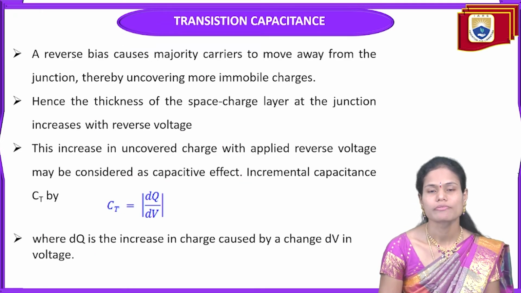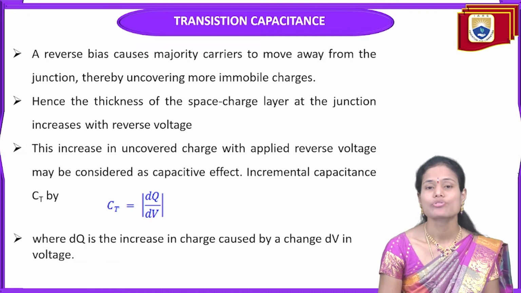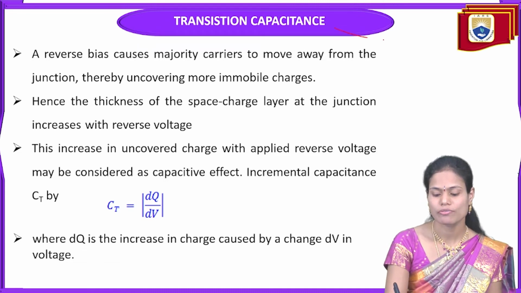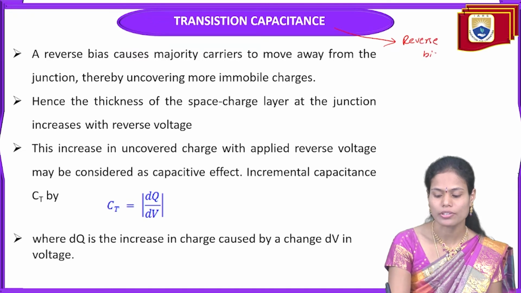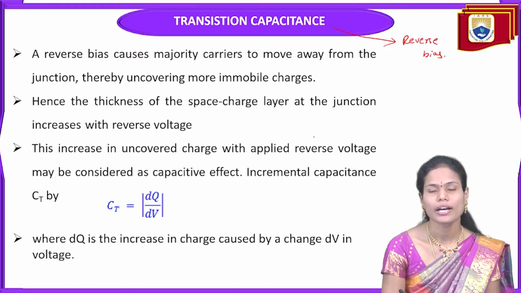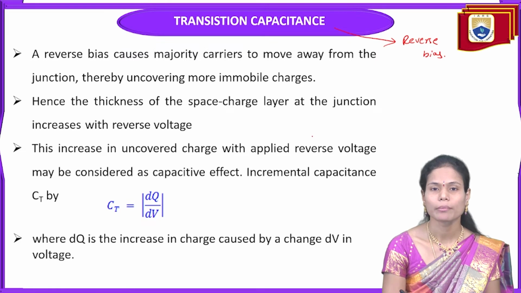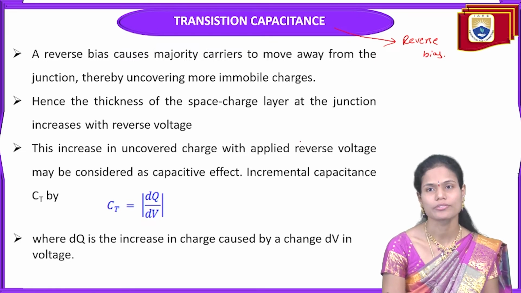So now we'll discuss the transition capacitance. Generally this transition capacitance exists in the reverse bias condition of the PN junction diode. We know that in the reverse bias condition, the majority carriers present in the P type material as well as the N type material are moving away from the junction here.